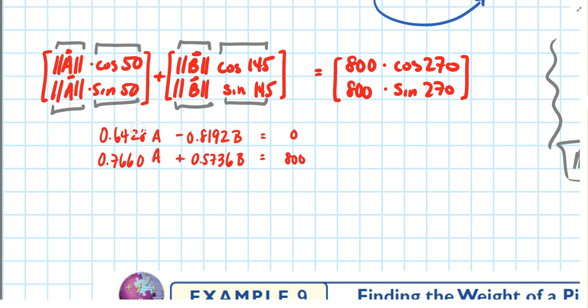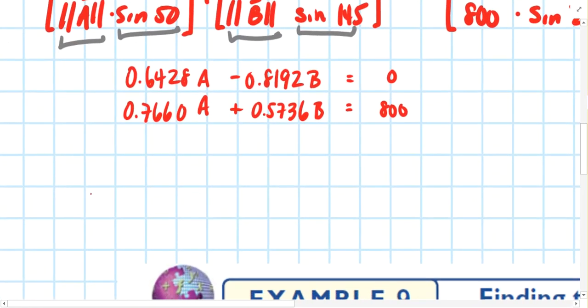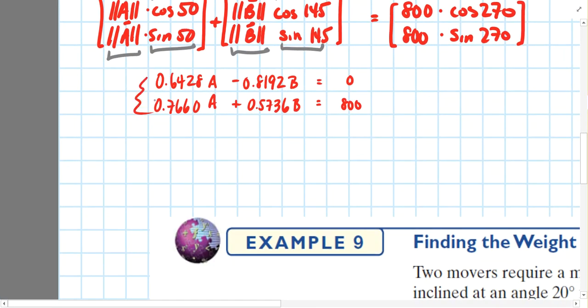So cosine of 50 was 0.6428, and that result has to multiply by the magnitude of A. And again, just for simplicity's sake, I'm reporting that as letter A instead of a magnitude. But I want you to see here, if I repeated that computation for the remaining cosine and sine operations on the left side as well as on the right, now cosine 270 is 0. 0 times 800 is 0.